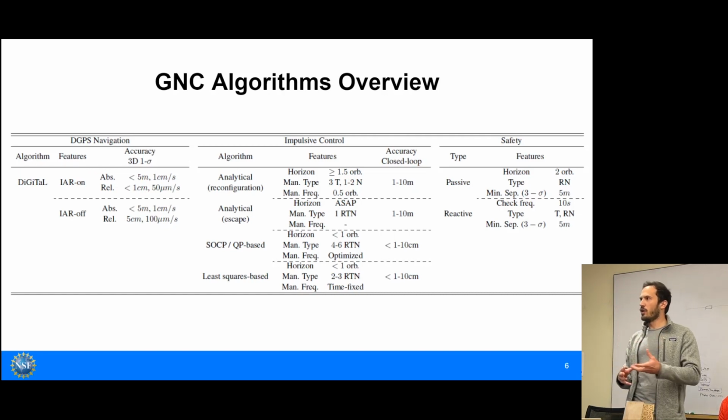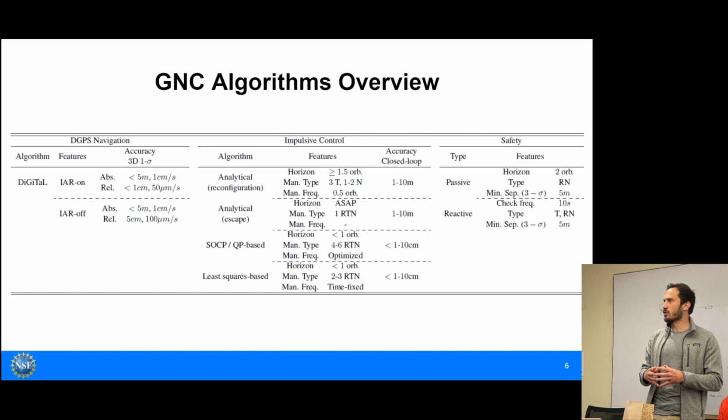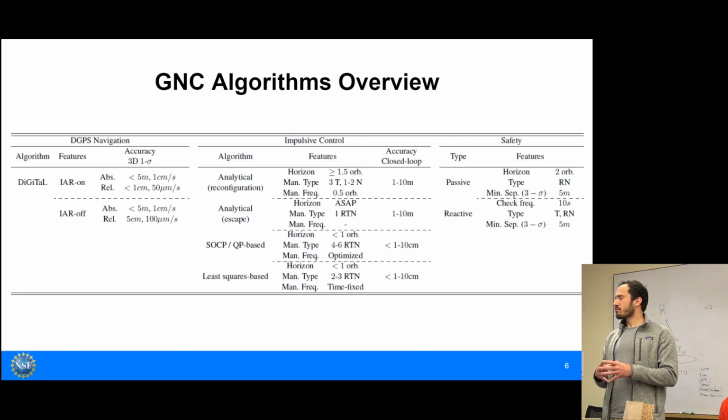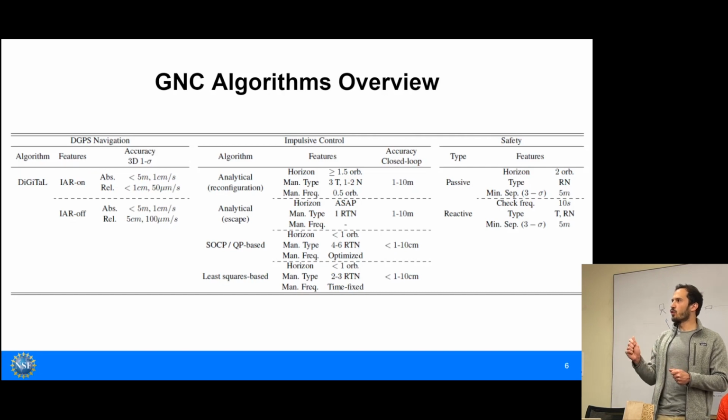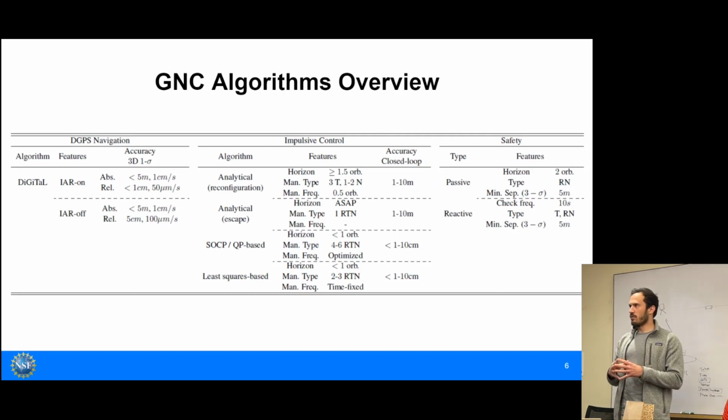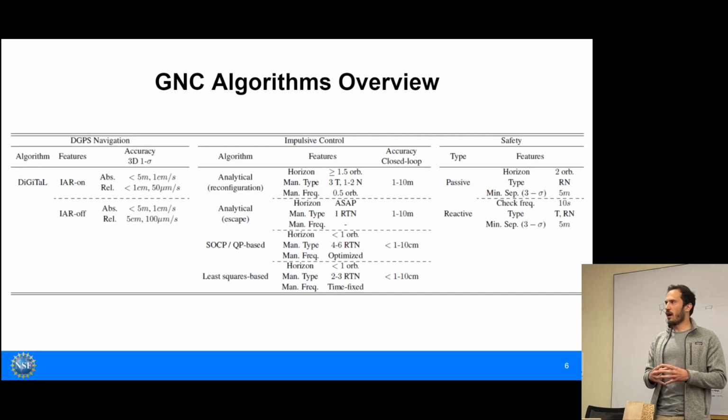We also have a novel analytical escape solution, which will be computed when we need to escape as soon as possible, and it provides a delta V that can usually be generated in a generic RTN direction.